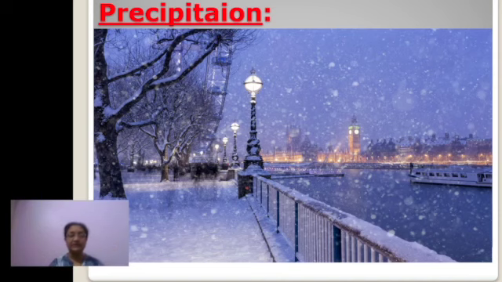But on the other hand, if you talk about the cold ocean current when it flows close to any landmass, it reduces the chances of precipitation because the evaporation rate goes down and no water vapor will be there, so there will not be any precipitation at all. So this is one of the effects on the climate of the region.